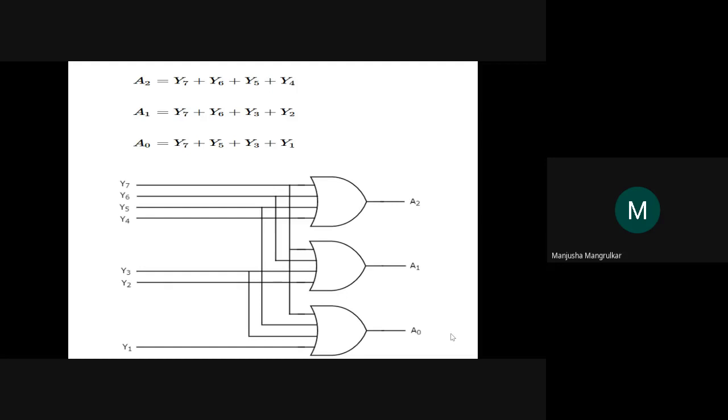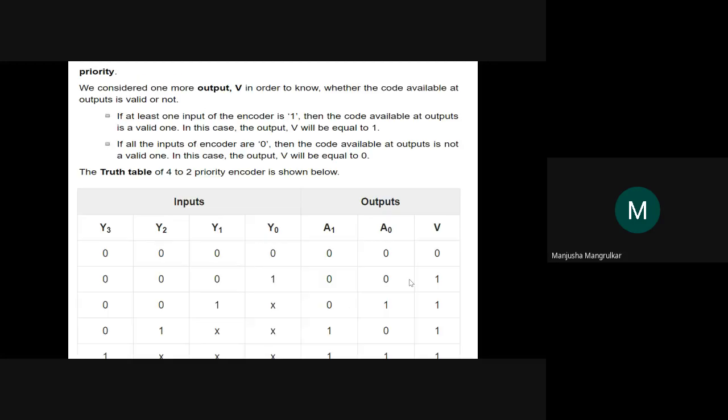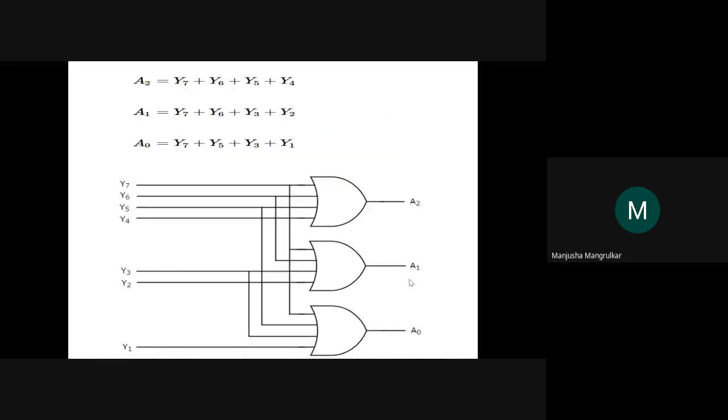A1 is equal to Y7, Y6, Y3, Y2. A0 is equal to Y7, Y5, Y3, Y1. And by using all this, we can draw our encoder. This will function as an 8 to 3 encoder, right?